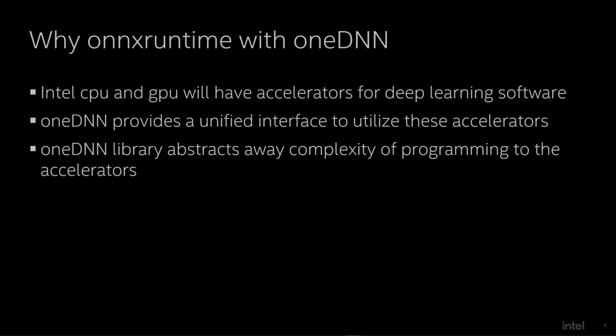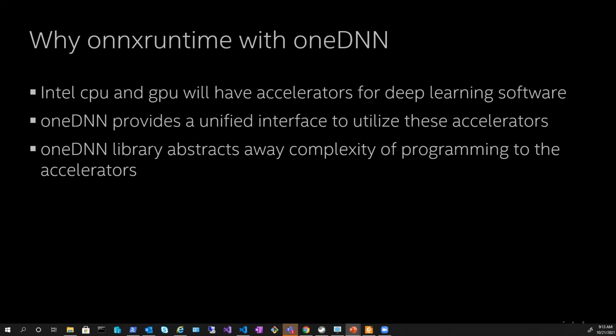So Intel has built DL acceleration technology into our CPU, into our GPU, and will continue to do so in the future. To run ONNX models using these accelerators requires writing code in the runtime for these accelerators. And OneDNN did part of that work for us.